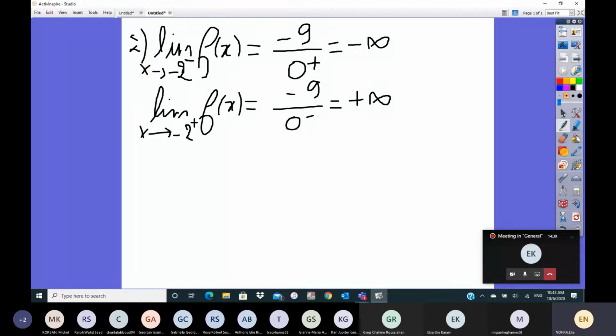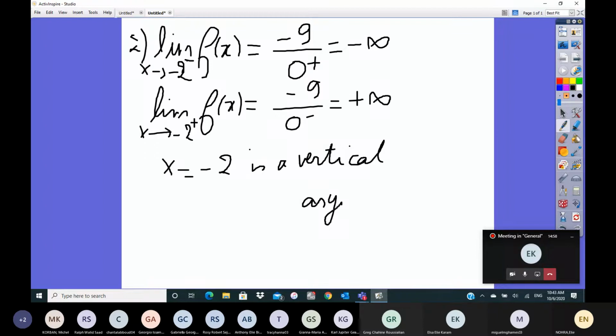And obviously, you know this, the second one. Similarly as that one, x equals minus 2 is also a vertical asymptote.